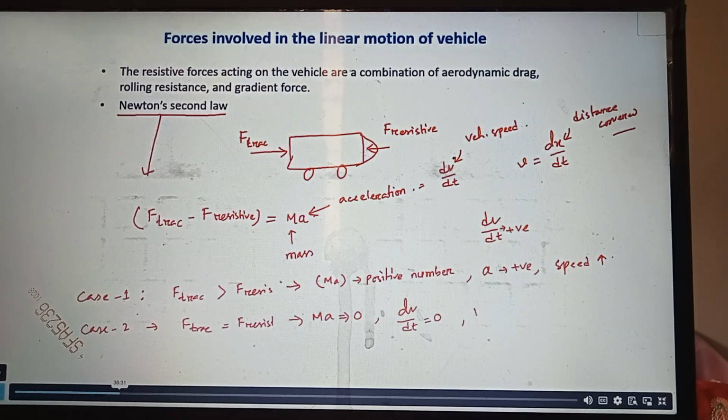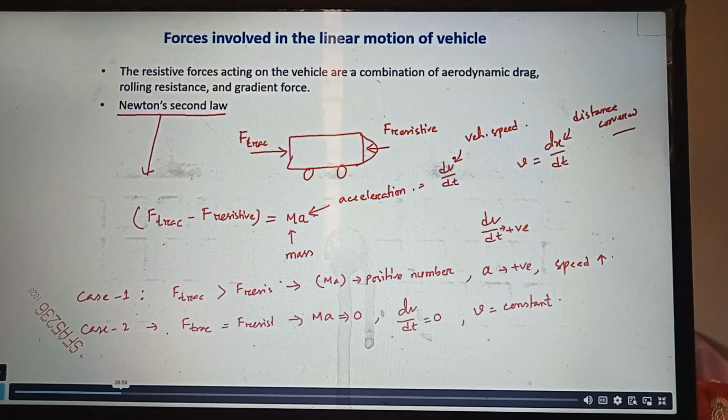So what does it mean? V is constant. Right? Again, class 11, 12 math. If the derivative of anything is 0, that means that quantity is constant. So V has to be constant. That's why its rate of change is also 0.